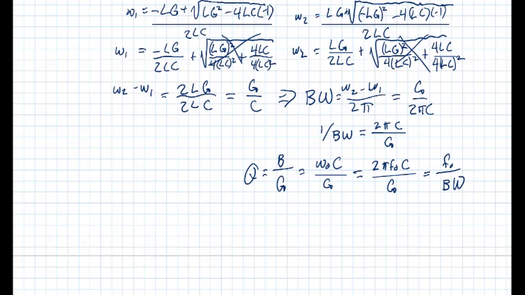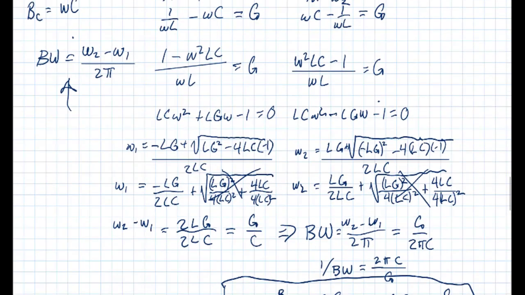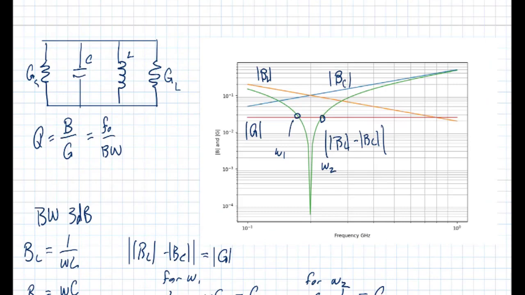So we did a bit of algebraic manipulation, and we actually got to that formula of the resonant frequency ratioed to the bandwidth. So that's what it looks like algebraically, and graphically it makes sense if you look at the plot and the points where the magnitudes are equal.